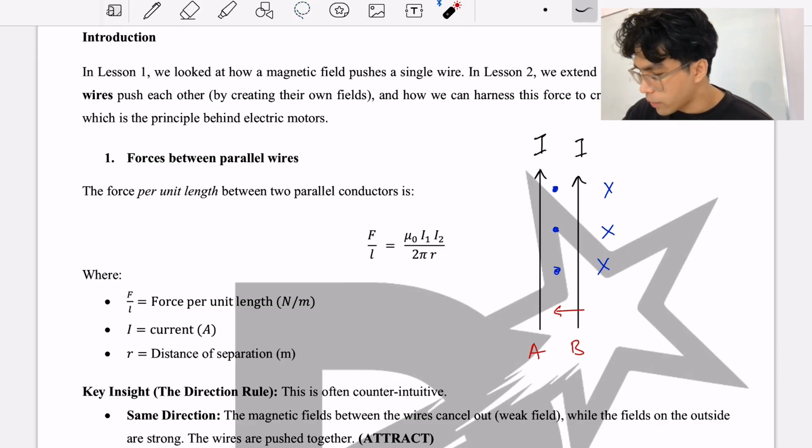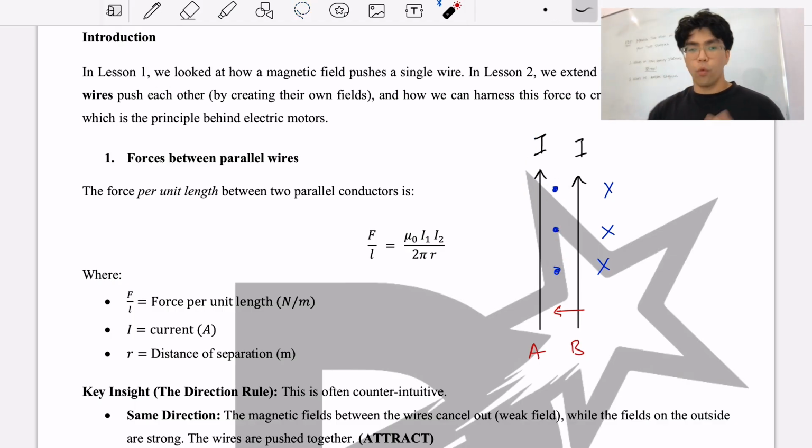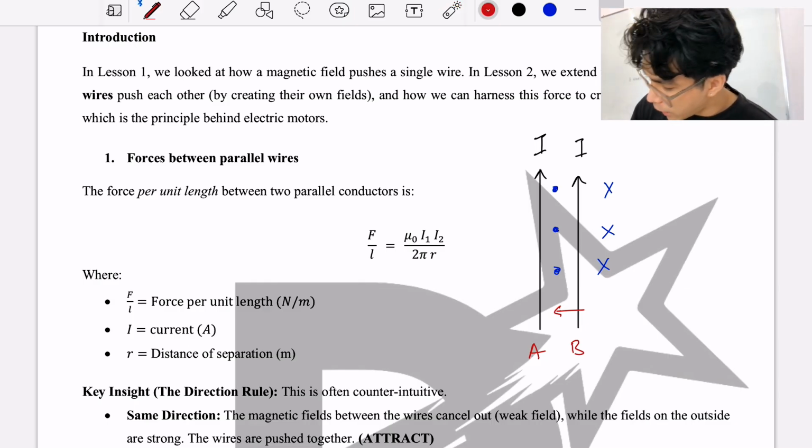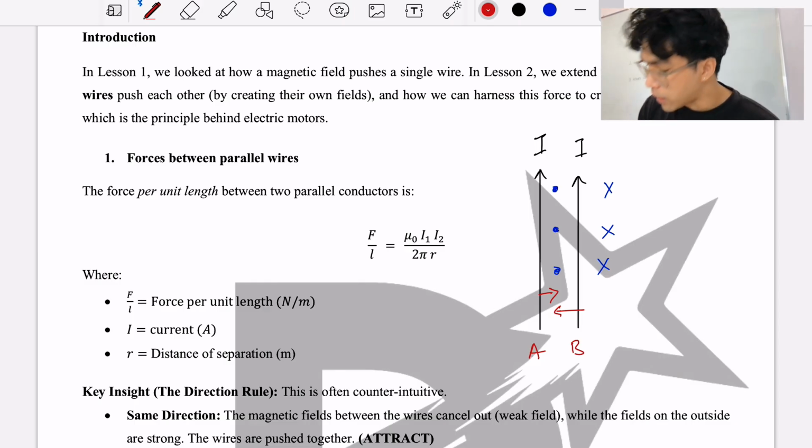You can see that here, right? The magnetic fields are coming out of the page. So when we go ahead and calculate the forces, thumb points up, this time fingers point towards you or out of the page, and as you can see, the palm is going to push conductor A towards conductor B.